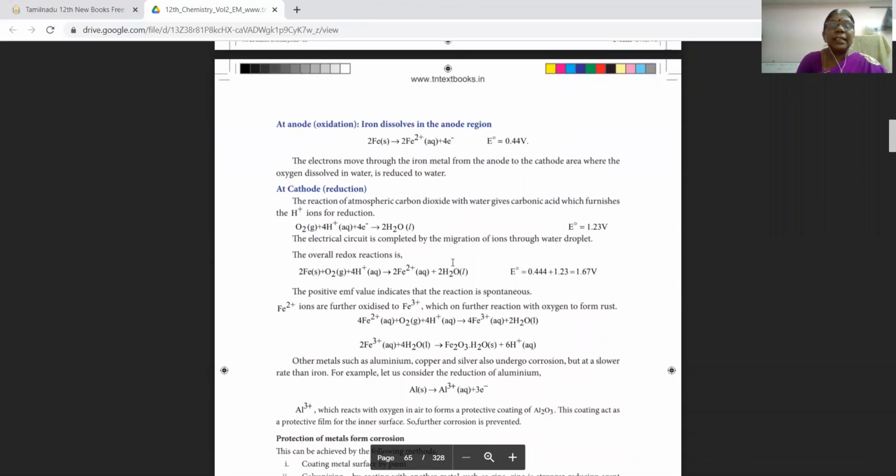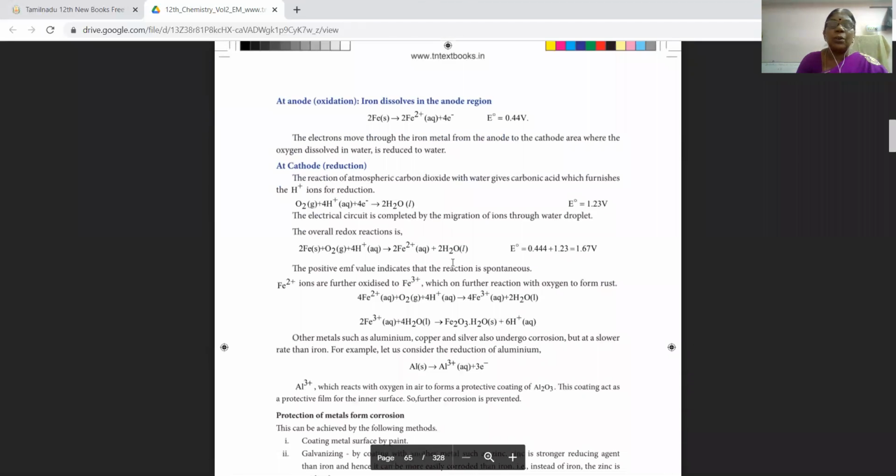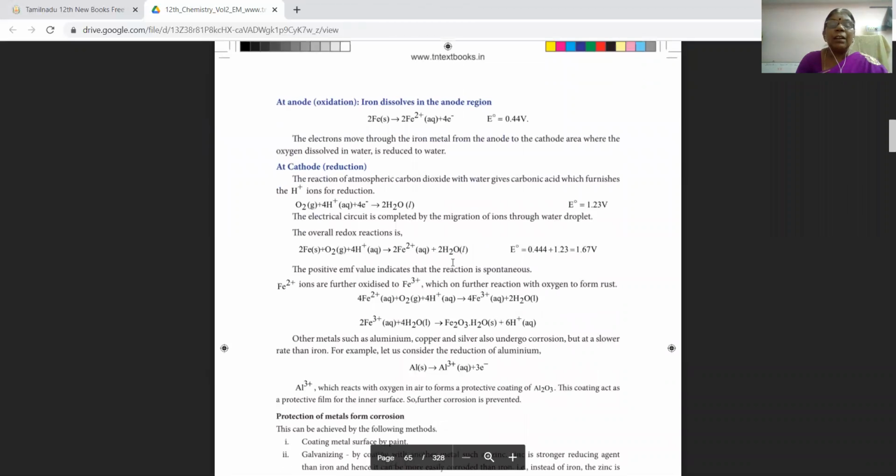At the anode, oxidation takes place, that is iron dissolves in the anode region. Fe is converted to Fe2 plus with the liberation of 2 electrons. The EMF of this reaction is 0.44 volts. The electrons move through the iron metal from the anode to the cathode area where the oxygen dissolved in water is reduced to water.